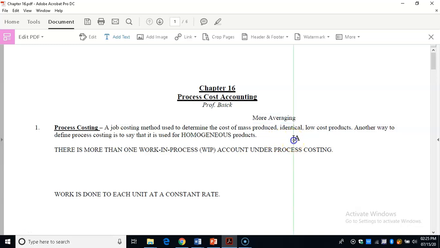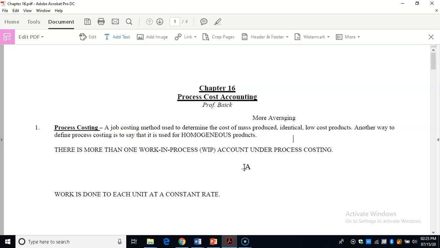The reason why we use more averaging is because if every unit is identical, if every unit is exactly the same, then it makes sense to use process costing. Because if every unit is the same as every other unit, then the average represents what each individual unit is.